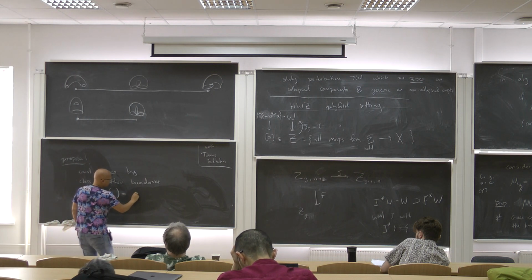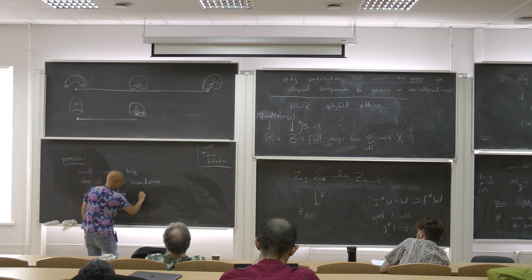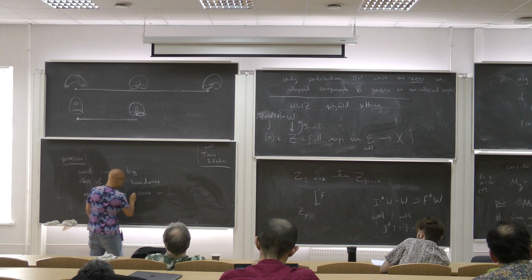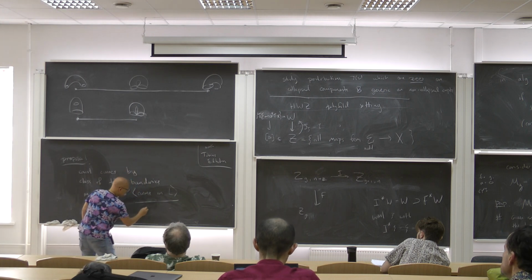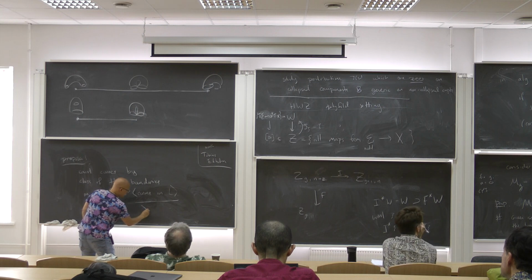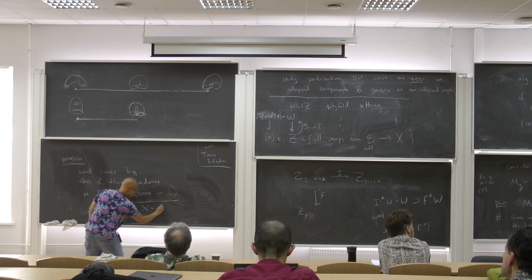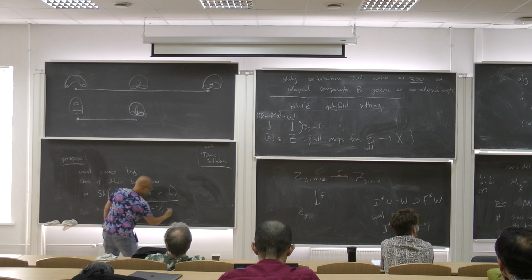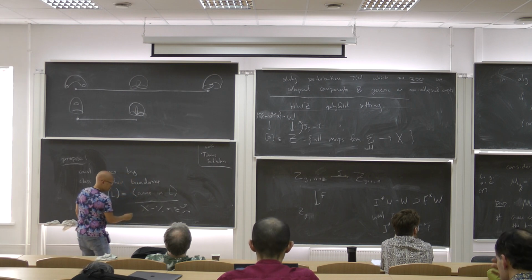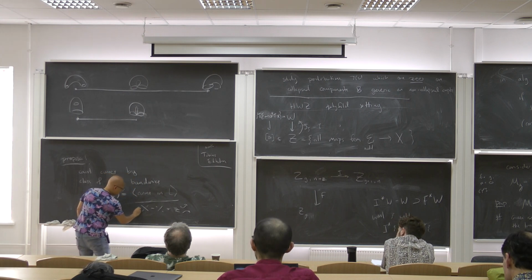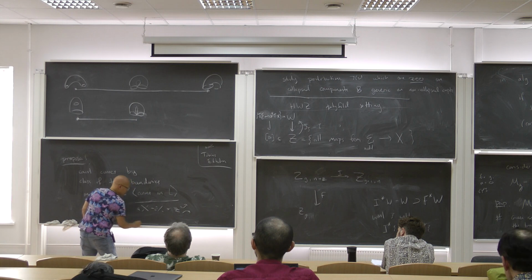And the skein module, what is it? Well, it's one real dimensional curves in L, so formal linear combinations of curves in L, modulo two relations, one which looks like this, another one, I should put some A's, A inverse.